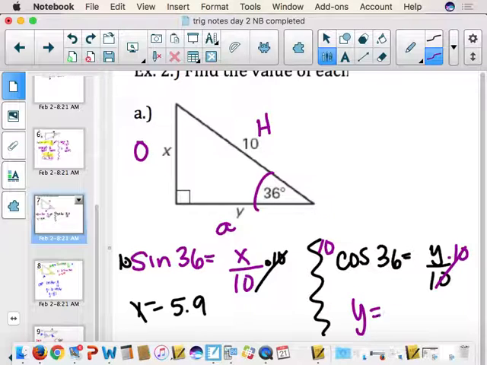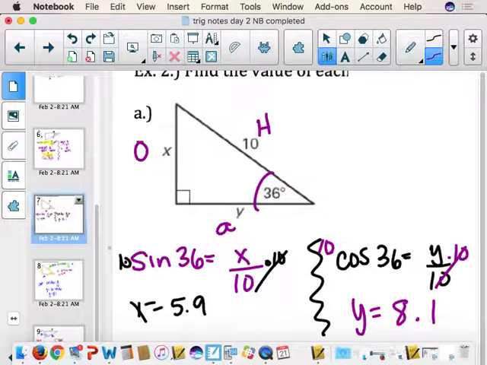And y would equal 8 point what? 8.1. Since your calculator says 8.0901, we're going to get 8.1.